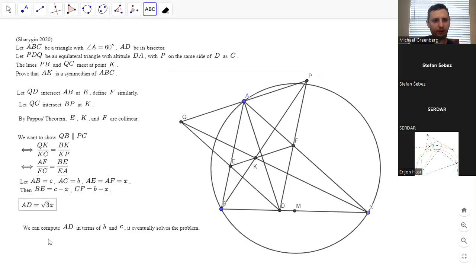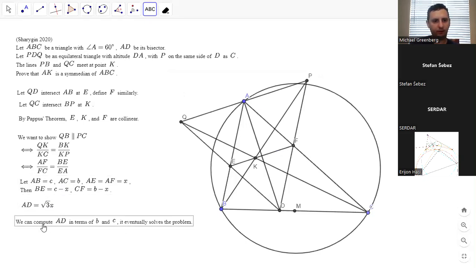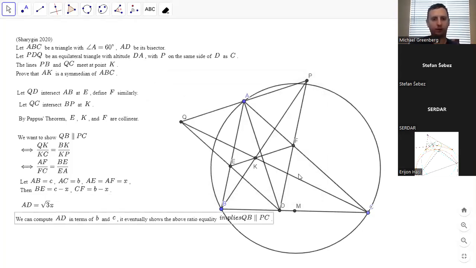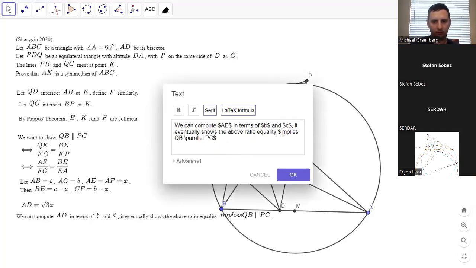Well, not really. It eventually shows the above ratio equality, which implies QB is parallel to PC, and then we use the isogonal line lemma.